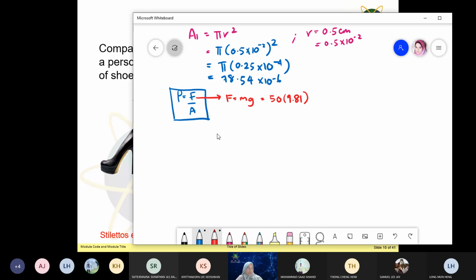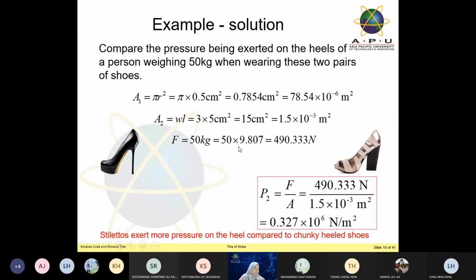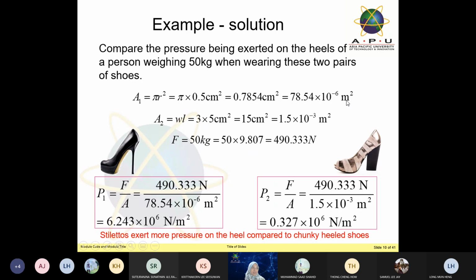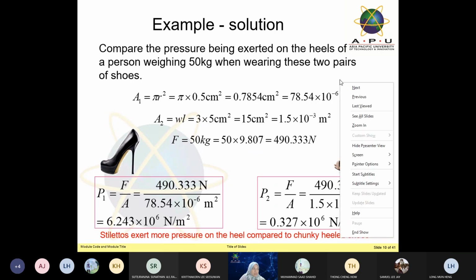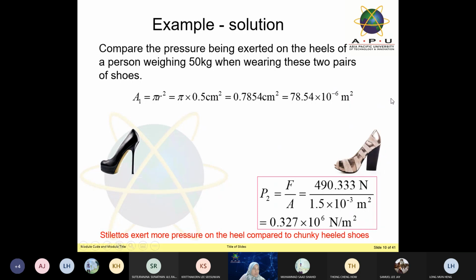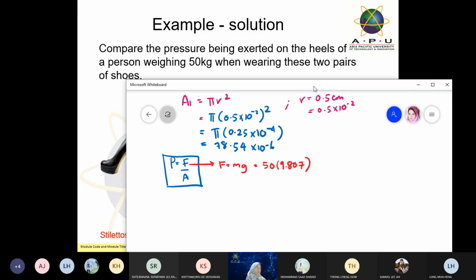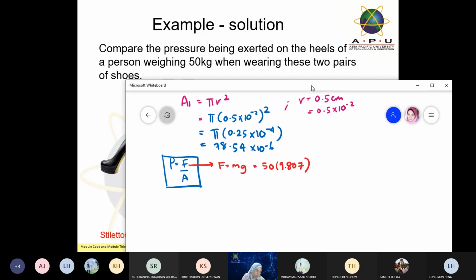I don't know if they use 9.81 or 9.8 only. 9.807. I will use the same as here, 9.807, so that the calculation will be exact. This first time we do slowly, later we already know we can do faster.